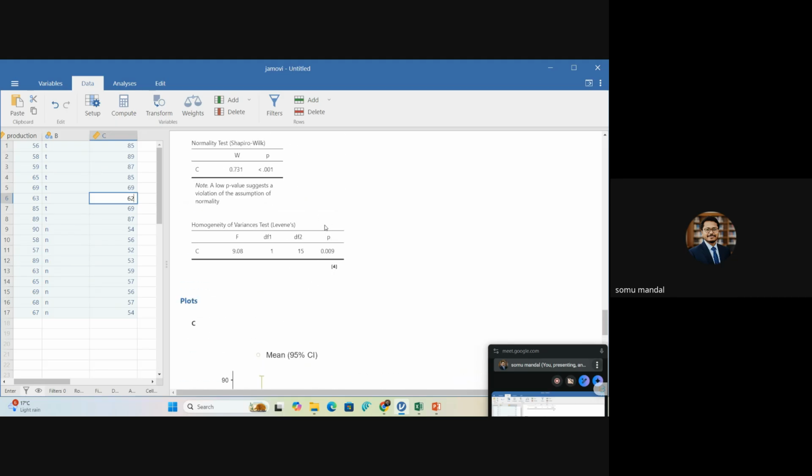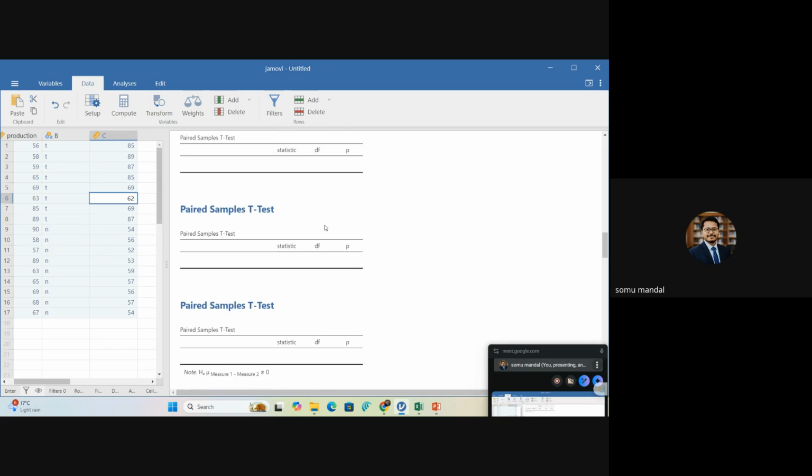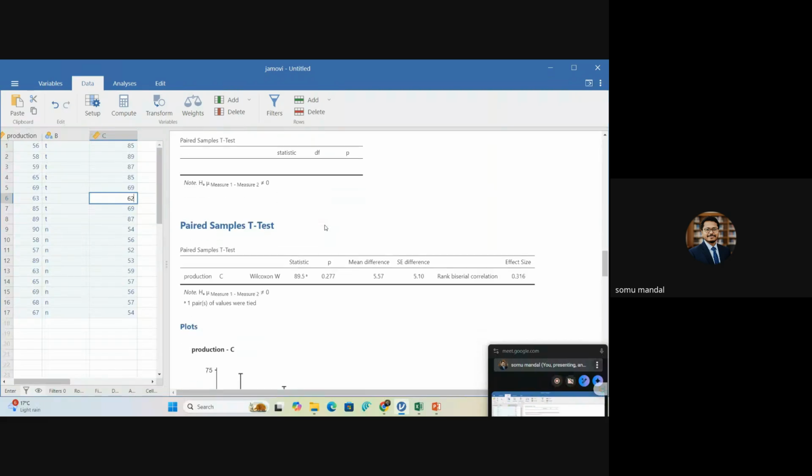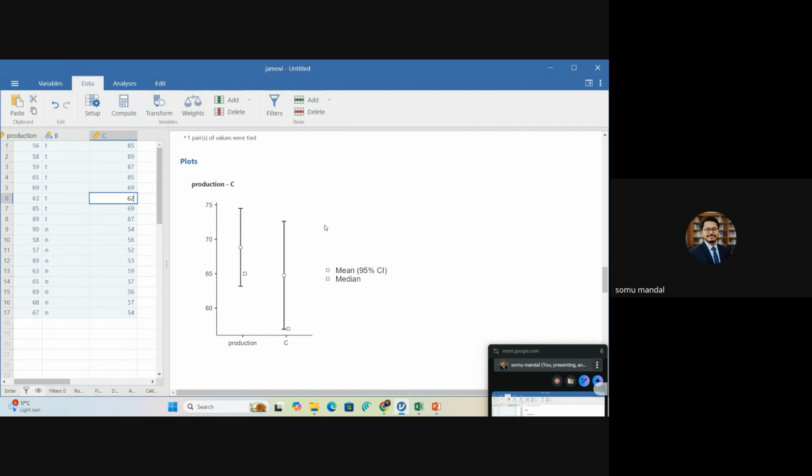So in this manner, we can analyze the ANOVA. First, assumption check. Based on the assumption, we prefer equal variance or not equal variance. Doesn't assume equal variance, Welch test. If there is equal variance, then we consider the Fisher test.